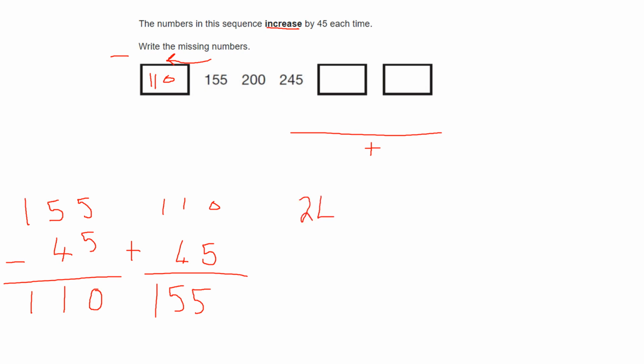And the question tells me I'm increasing each time by 45, so I know that I simply have to do an addition of 45. So 5 add 5, 10, carry the 1. 4 add 4 is 8, add 1 is 9, 2. So I've got 290.